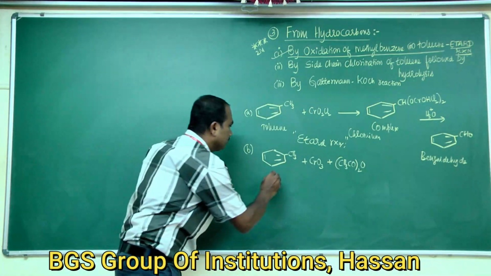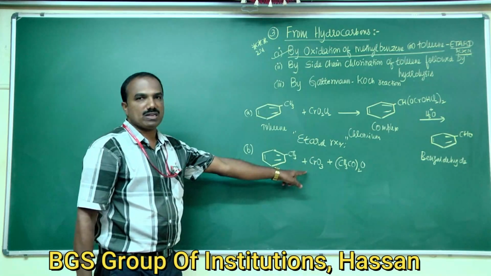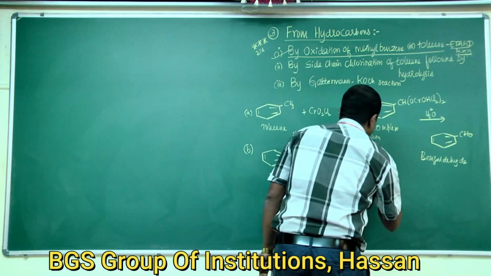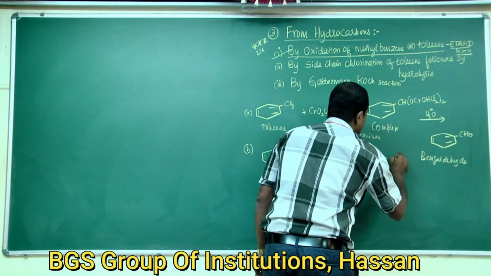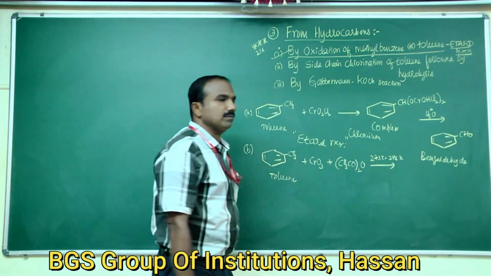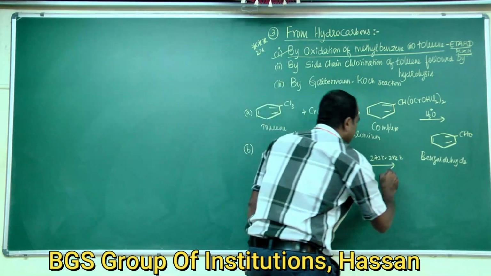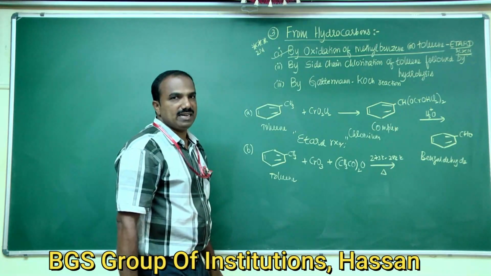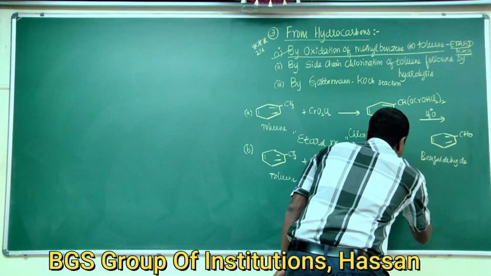When toluene is heated with chromic oxide and acetic anhydride at a temperature of 273 Kelvin to 283 Kelvin, we get benzaldehyde diacetate.